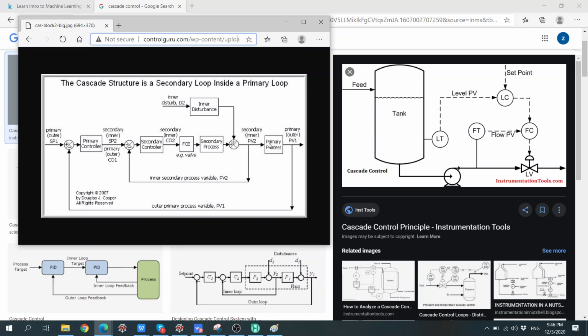Or if the flow rate is high, that means the level can go up. So these fluctuations in the feed are an example of a disturbance, something that we cannot control, as well as cannot measure.